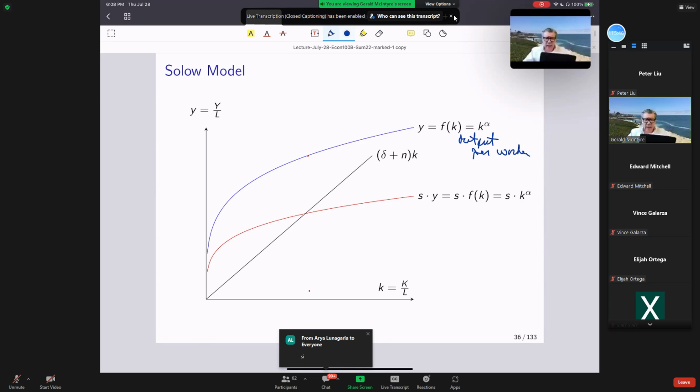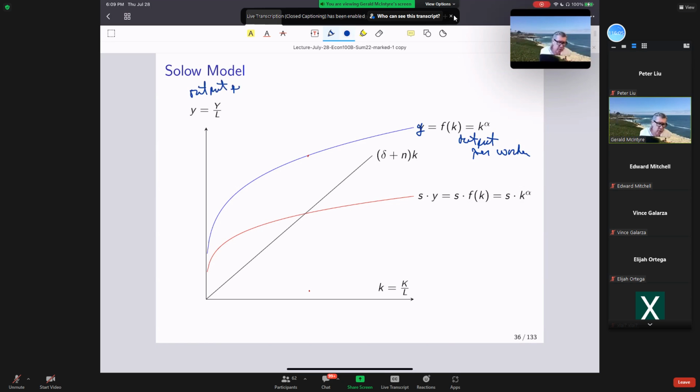In any case, I want to talk about the function we ended up with in its general form, what's on this graph and where we can identify it. Output per worker is the small y function, and it's on this axis.